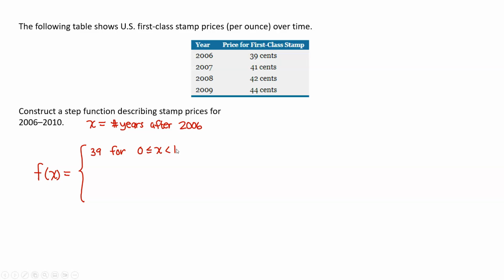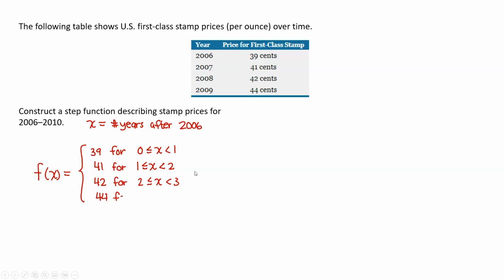Not including 2007, but everything before that, it's going to have a price of 39 cents. Then when you hit 2007, it's up to 41 cents. So when you get to 2007, which is 1 year after 2006, and all the way up to the x value of 2, where you're at 2008, it's going to be 41 cents. And then 42 cents from 2008 all the way up to 2009.